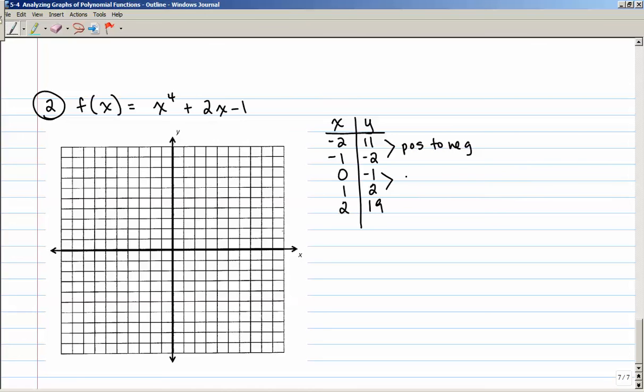And right here it goes from negative to positive, so I know I'm going to have a 0 in there. So let's go ahead and graph those points. So -2, 11, kind of fudge up there; -1, -2; 0, -1; 1, 2; and 2, 19 is going to be way up here, so we'll just pretend it's up there.